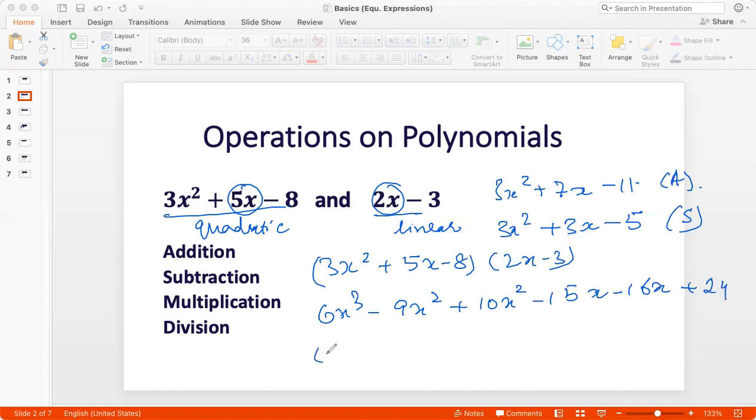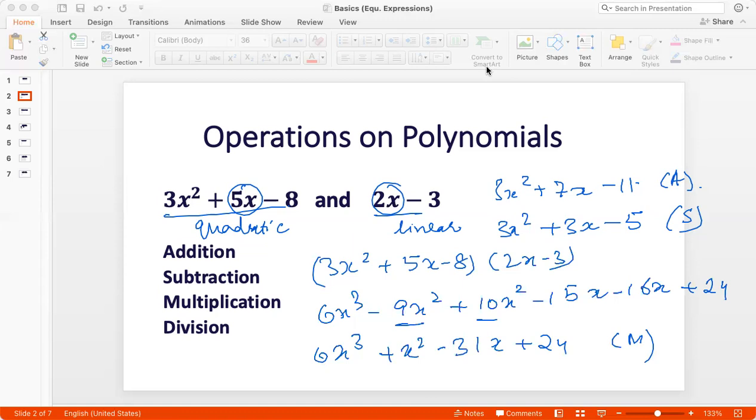Right? So 6x cubed remains 6x cubed, minus 9x squared plus 10x squared becomes plus x squared, minus 15 minus 16 becomes minus 31x, and plus 24 remains as it is. So this is the product.